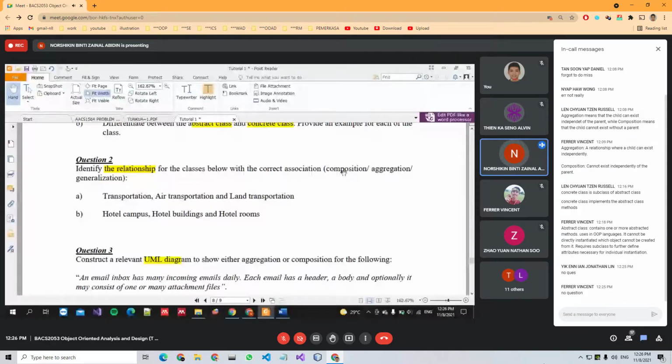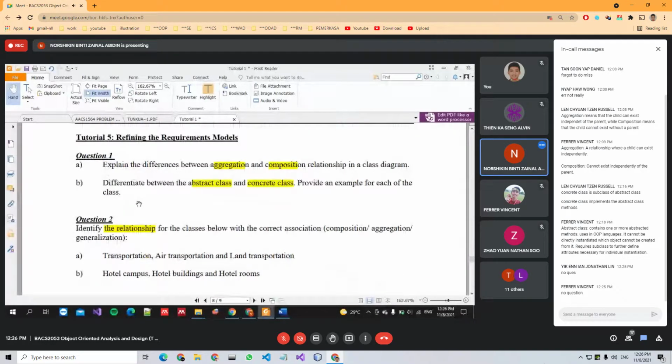For question number 2, we need to identify the relationship using the first question. It's not using, but yes, composition, aggregation, and generalization. So if you already know these terms and how to differentiate them, you can tackle this question.